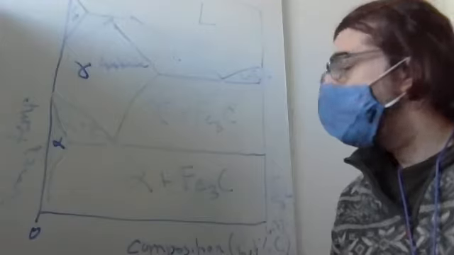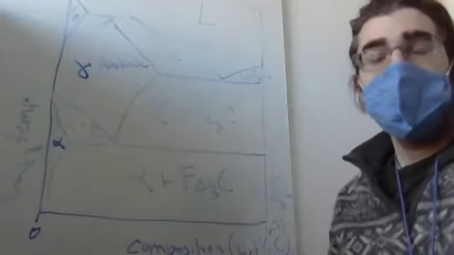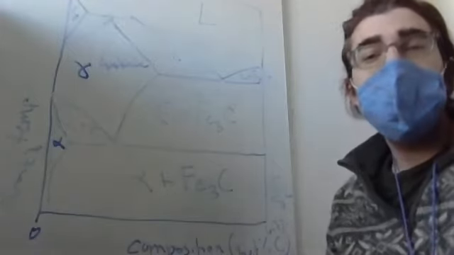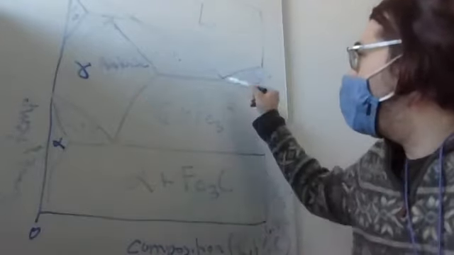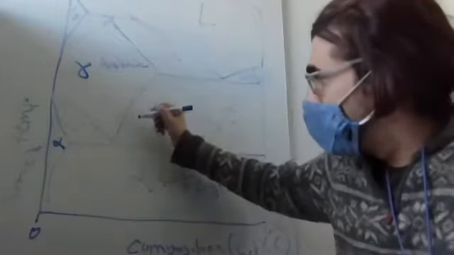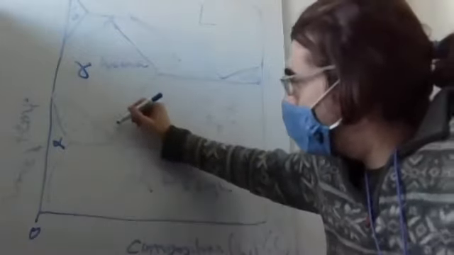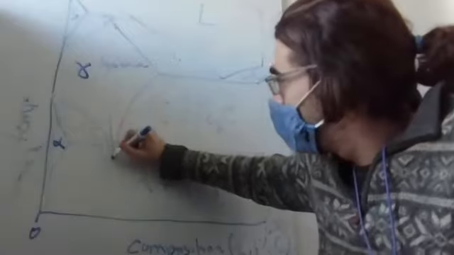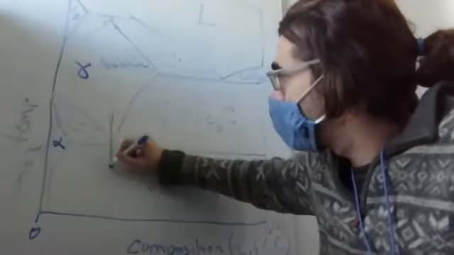So the easiest way to do this, or the first way we will discuss, is if we do a eutectic transformation. So a eutectic transformation, in this case, would be at this composition here.